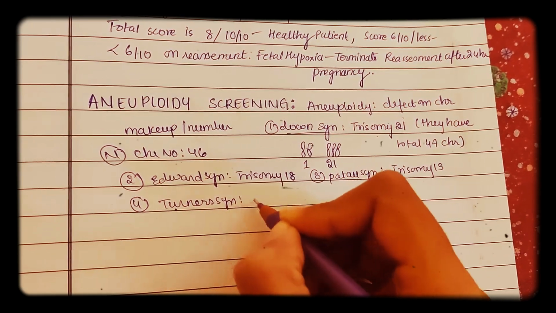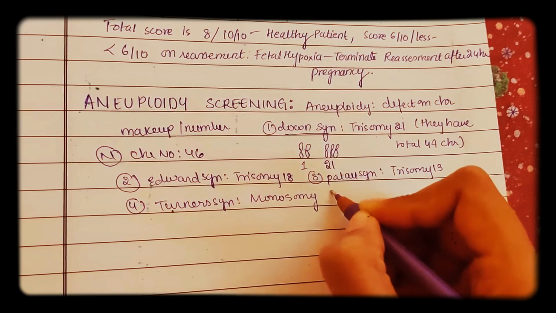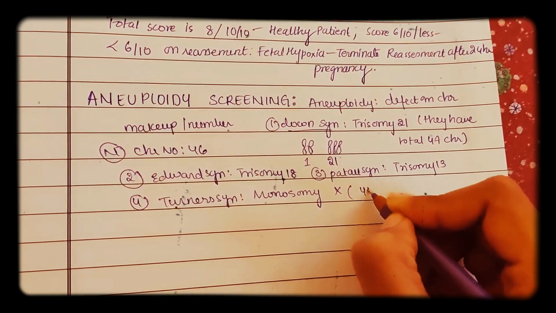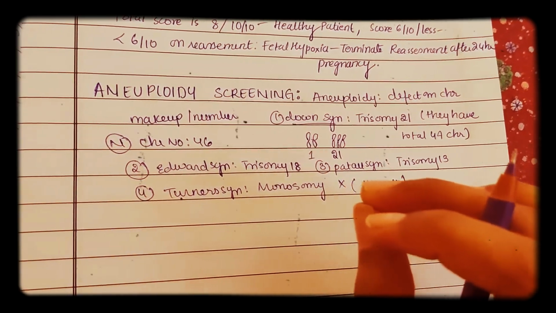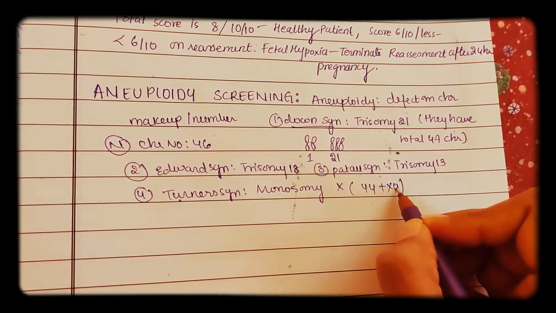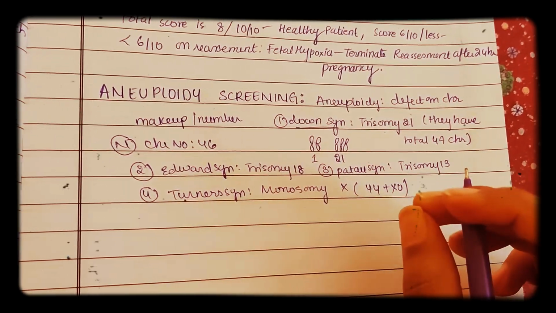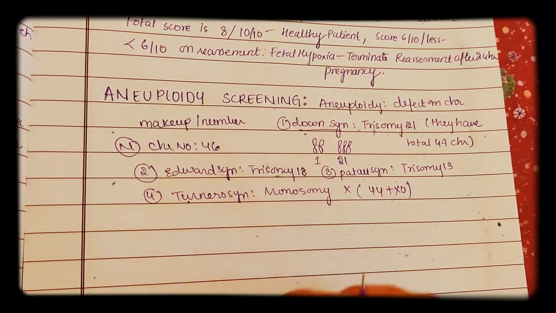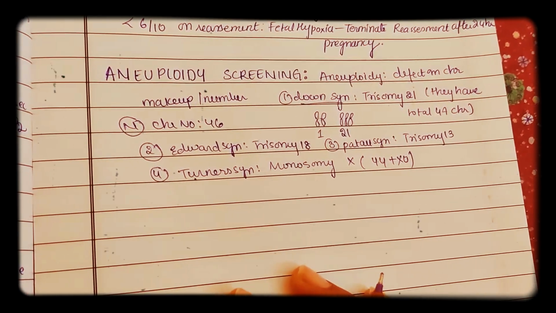In Turner syndrome there is monosomy X. Monosomy X means 44 plus XO. In total there should be 46 chromosomes, but here, in the case of Turner syndrome, there is monosomy X.